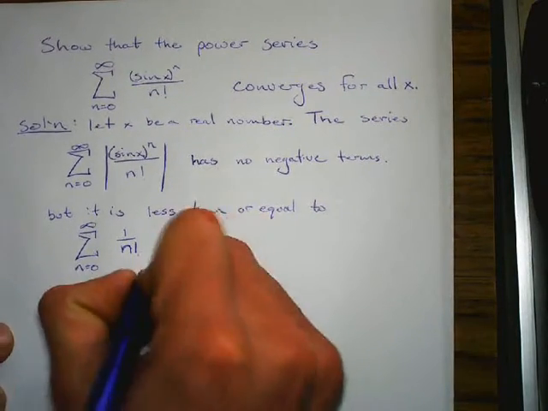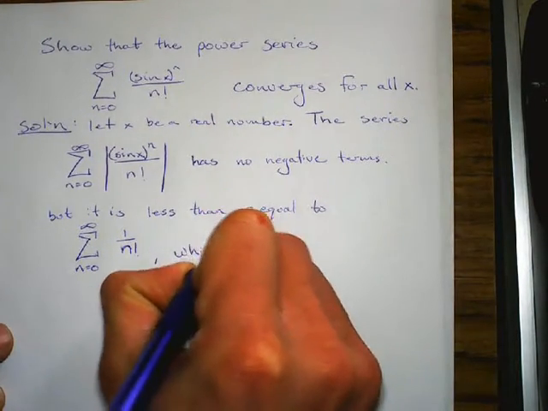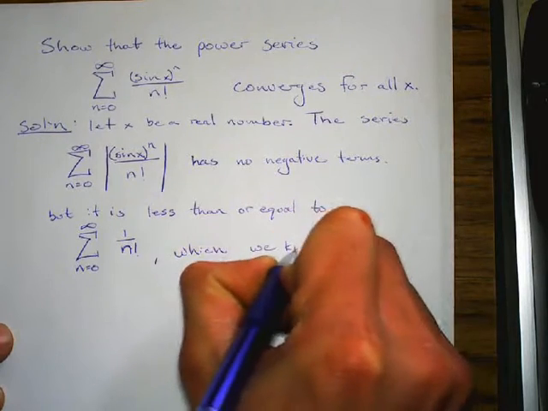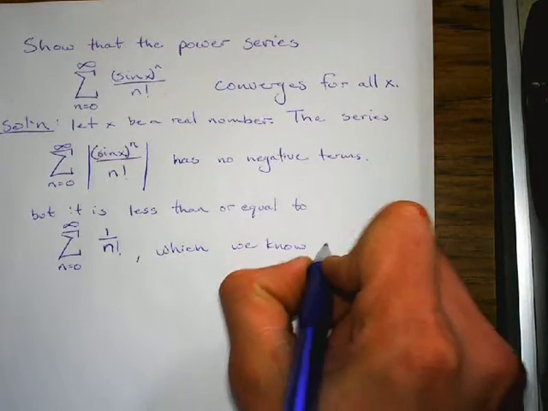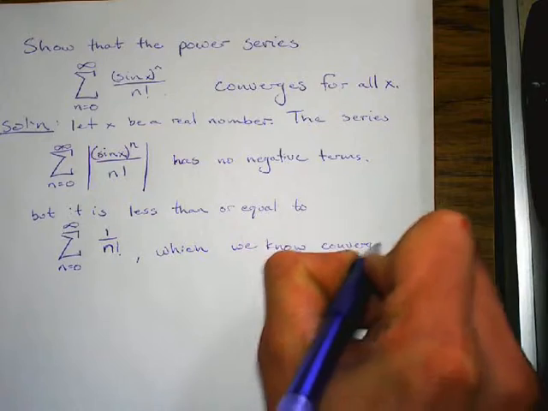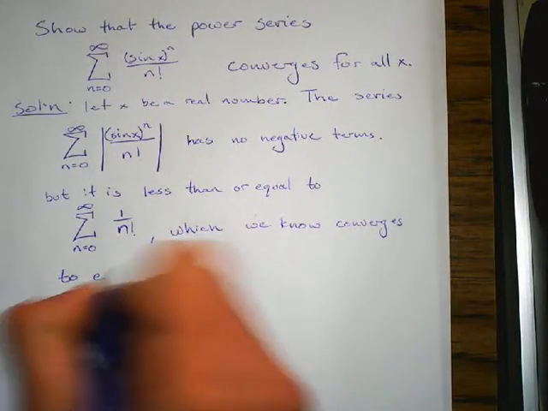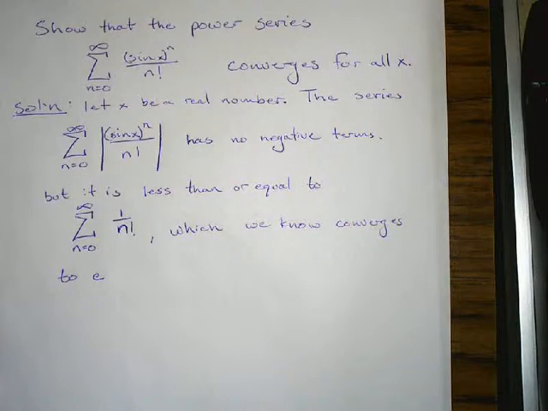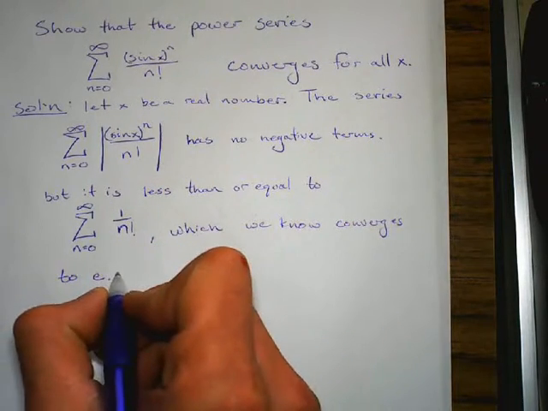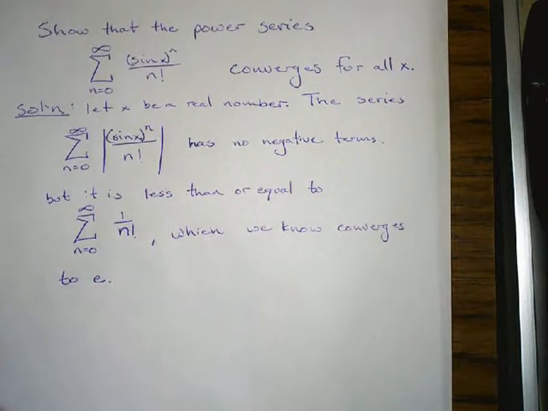Which we know converges to e. You would know that by looking at the Maclaurin series, centered at x equals 0.